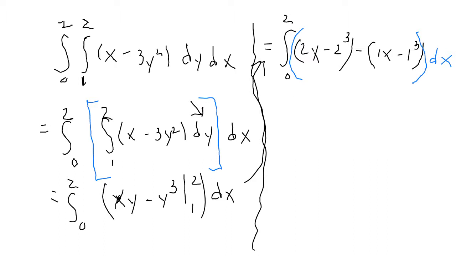This is going to give me then 2x minus 8 minus x plus 1 dx.